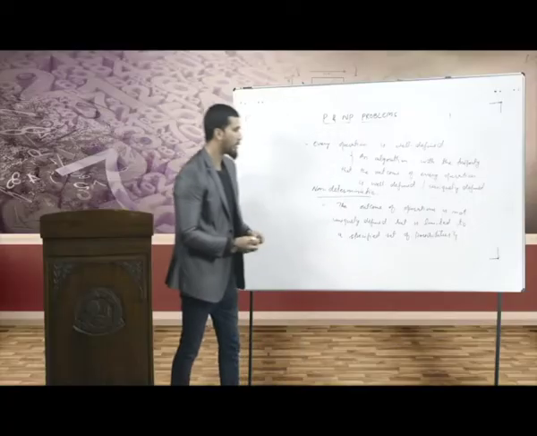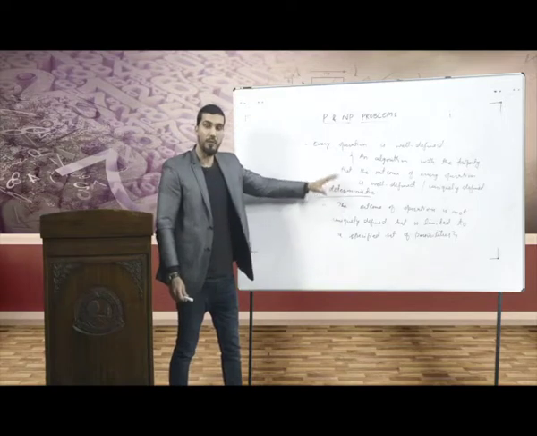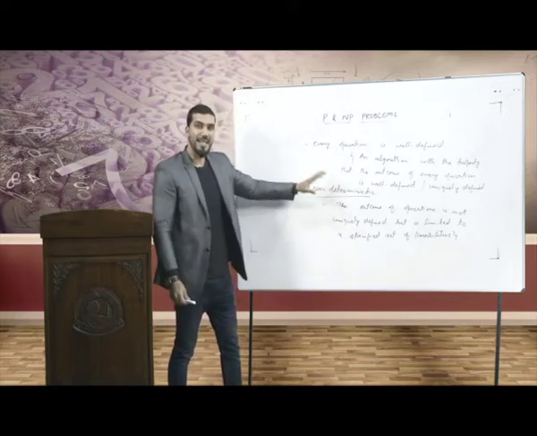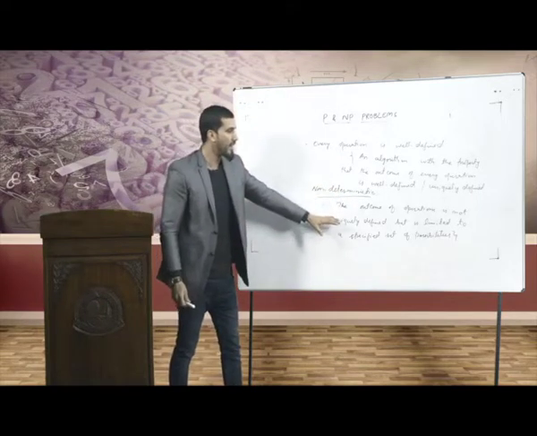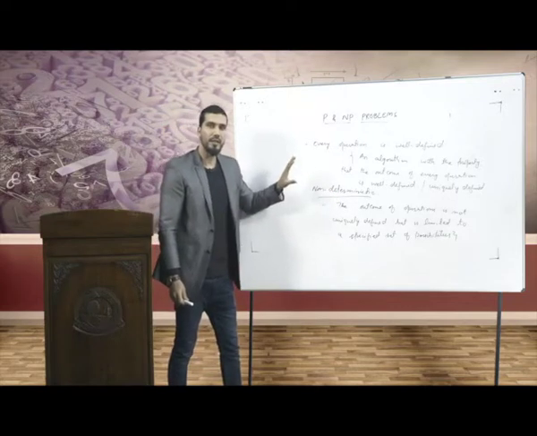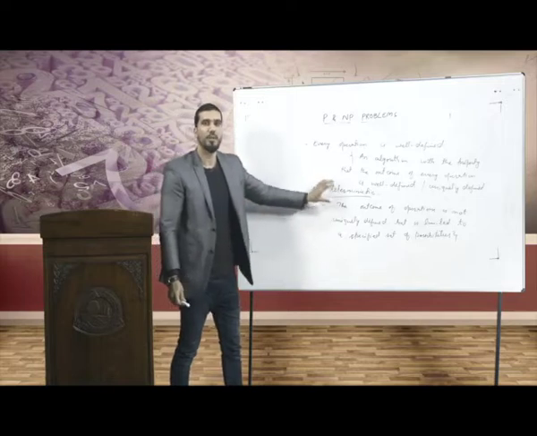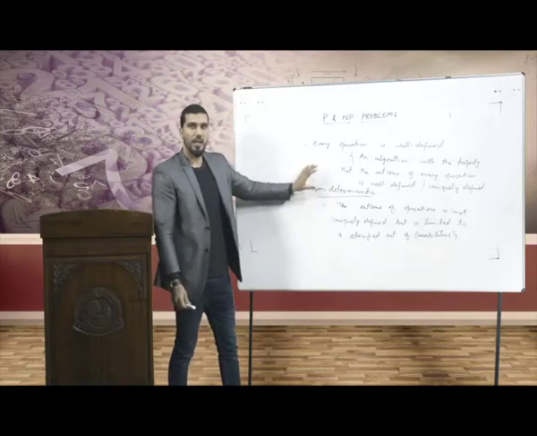So, any algorithm where the outcome of the operations of the algorithm is not uniquely defined, that is a non-deterministic algorithm. You can never know for sure what the outcome of a specific operation of the algorithm is going to be.